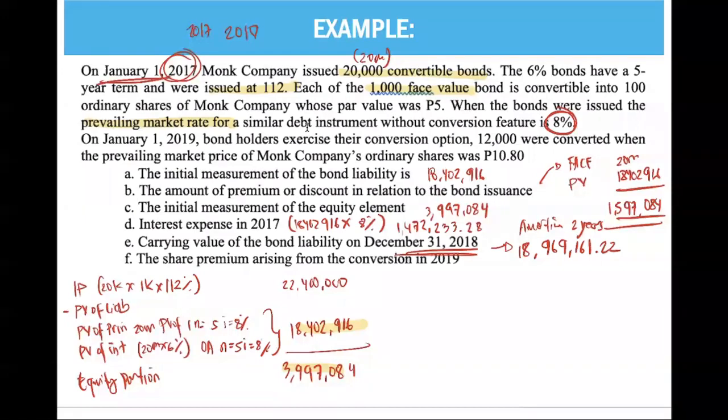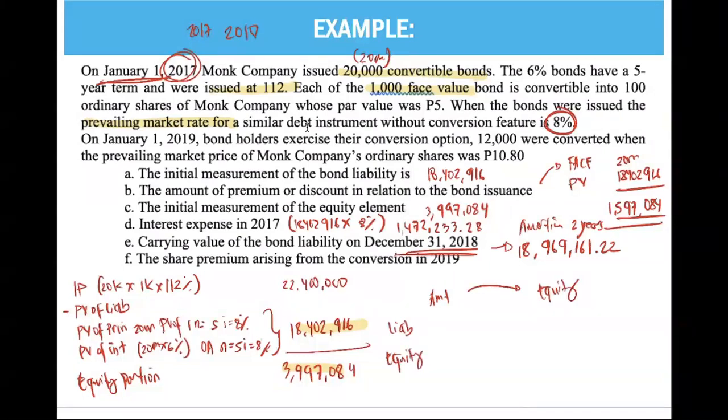Next, the share premium arising from the conversion. If ever we are to convert, what did we say? The amount previously recognized will now be transferred to your equity. So what is the amount previously recognized? That is your liability and your equity.